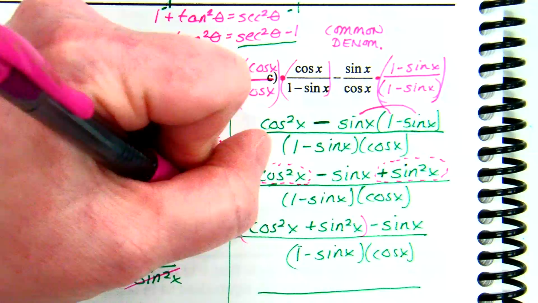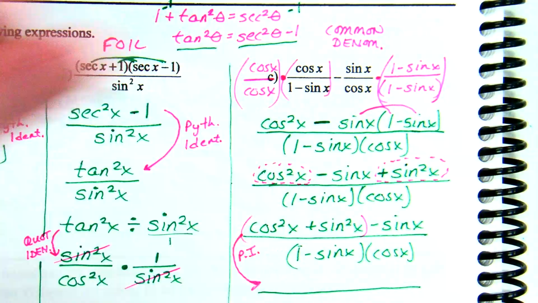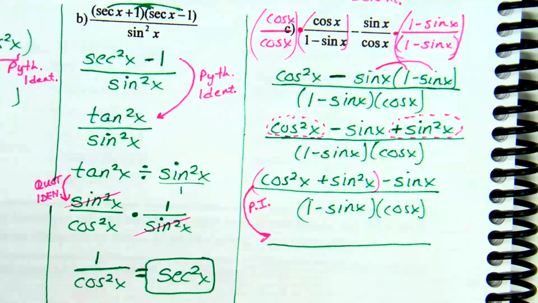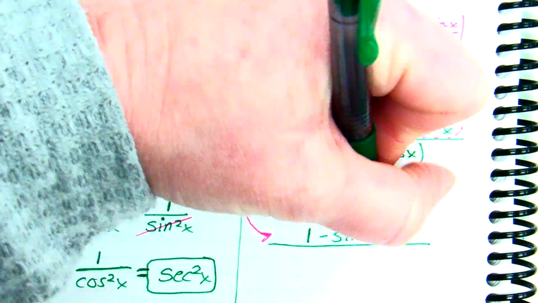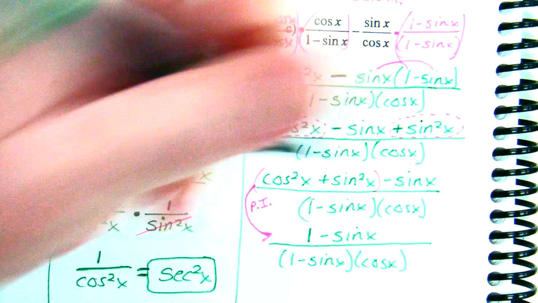So right there, can I write PI and you guys are getting the idea at this point? PI stands for Pythagorean identity in my book. I put P dot I, so cosine squared plus sine squared x is 1 minus sine x over 1 minus sine x times cosine x.